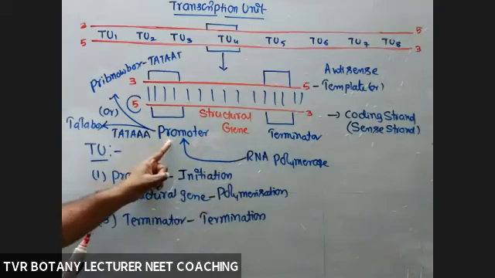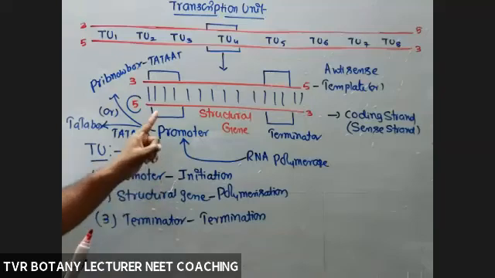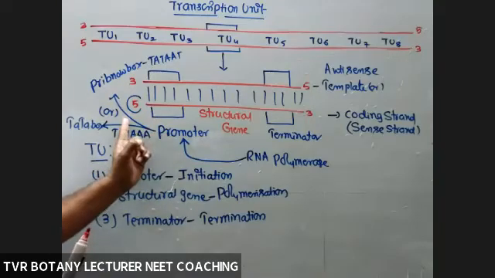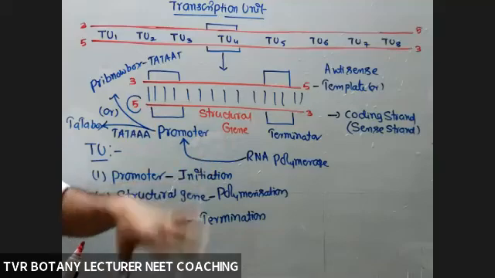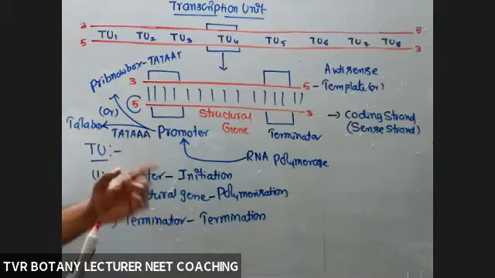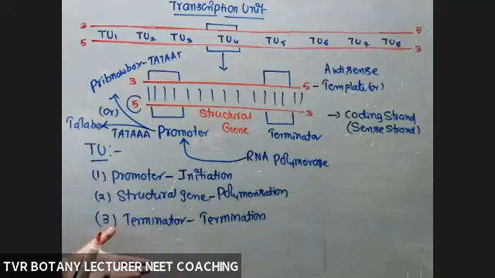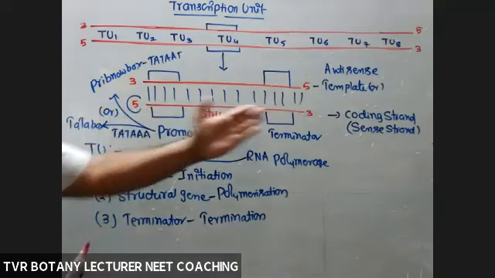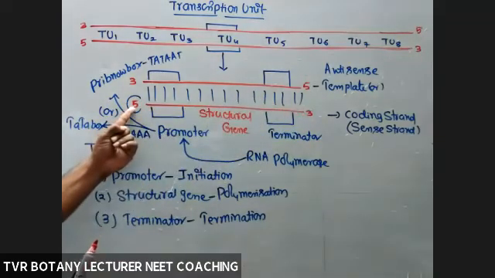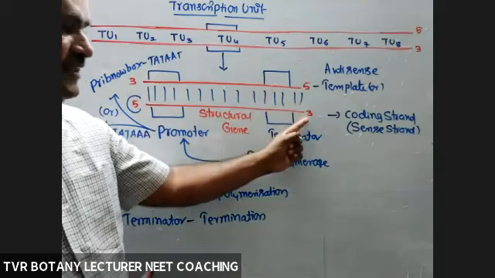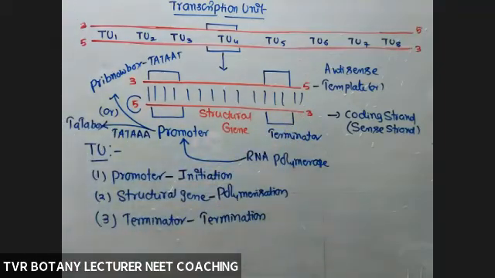In addition to the promoter, regulatory sequences and regulatory genes are present, towards either upstream or downstream. Here upstream and downstream are nothing but the fifth carbon atom and third carbon atom of that sugar molecule, or the 5' end and 3' end. This end is called upstream. This one is called downstream. Is it clear?